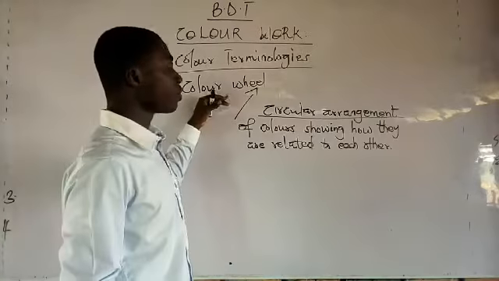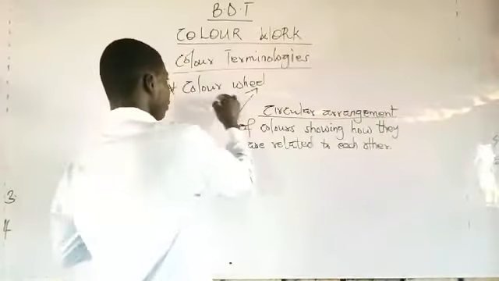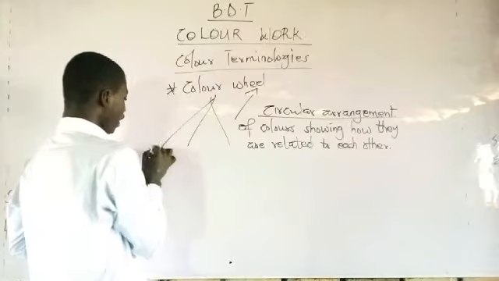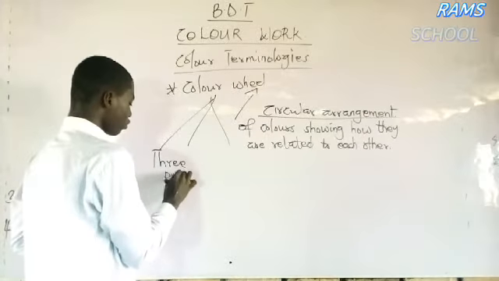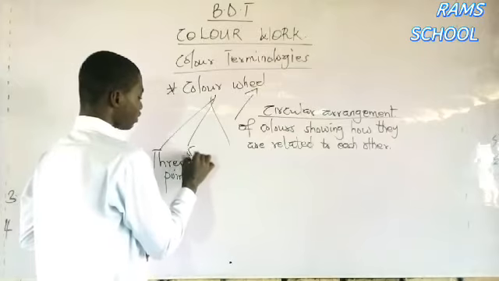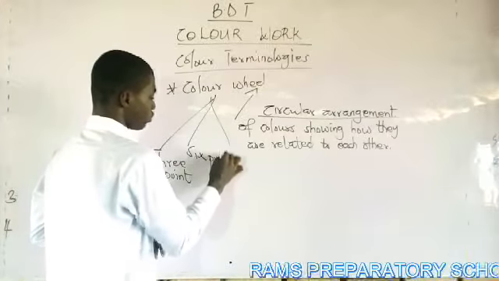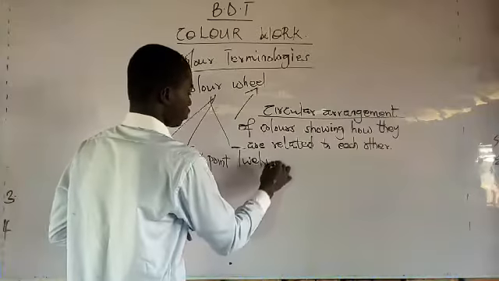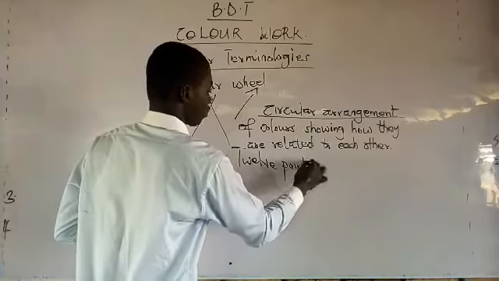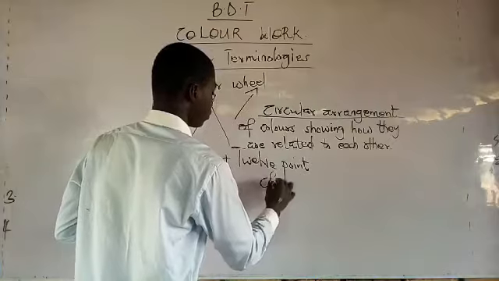Now, under this color wheel, we have three types. We have the 3-point color wheel, the 6-point color wheel, and then the last one is the 12-point color wheel.